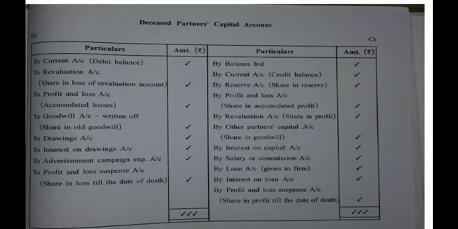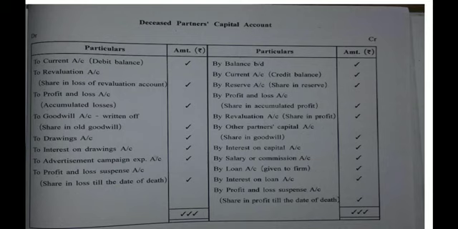The deceased partner's capital account. The most important thing. You should pay attention. The theory concepts that we have understood today are to be applied in this particular account. This is the specimen of the deceased partner's capital account.